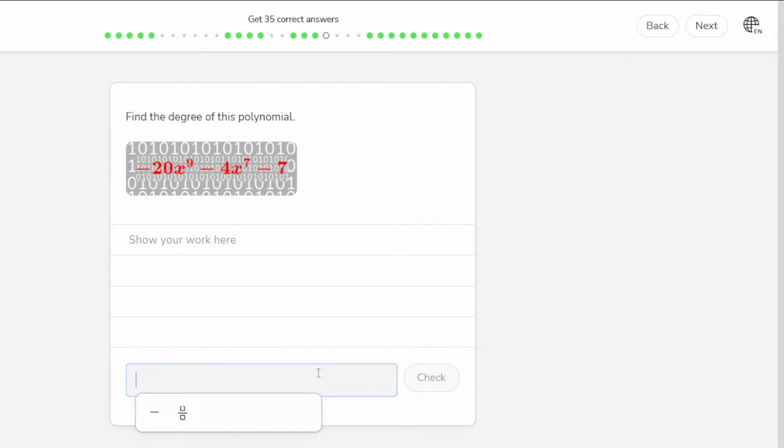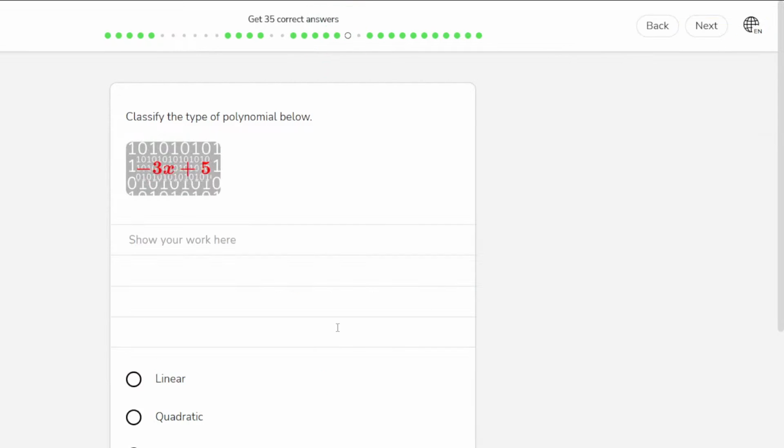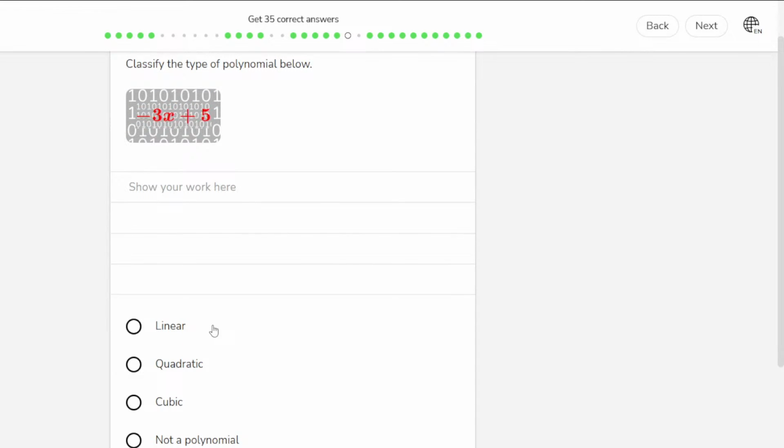The degree? 9. Number of terms? 3. Type of polynomial? That's linear.